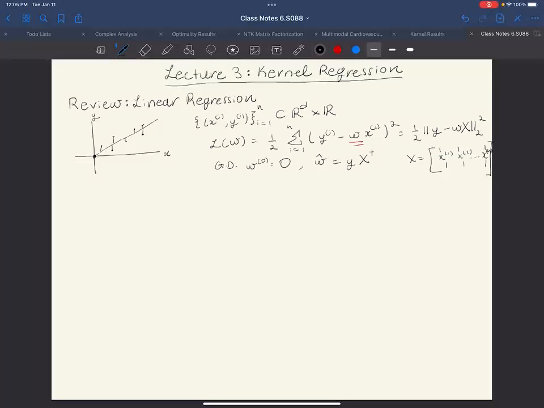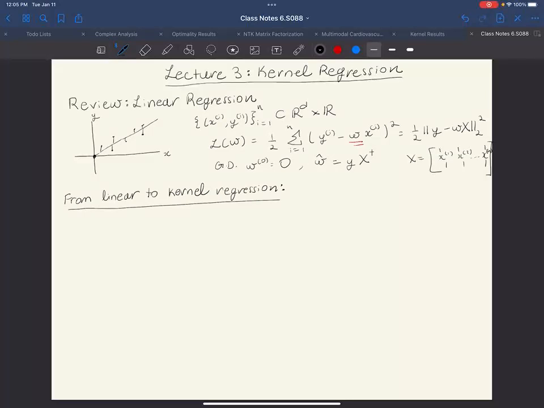Before we do something crazy like try neural networks, let's consider the following simple extension. Let's now move from linear regression to kernel regression. What is the key idea here? We're going to keep our class of functions restricted to this linear class in some way.